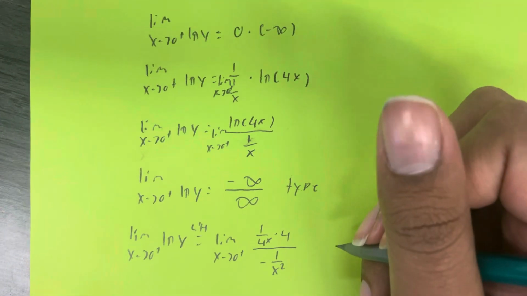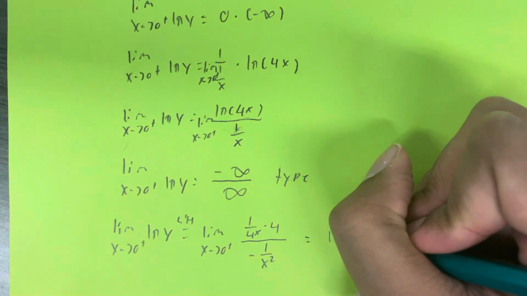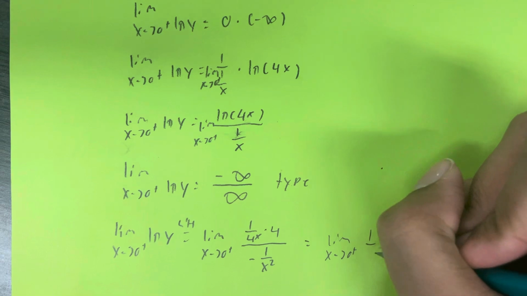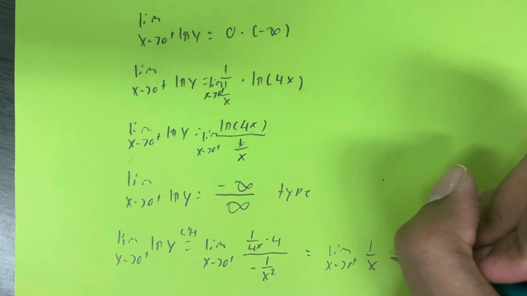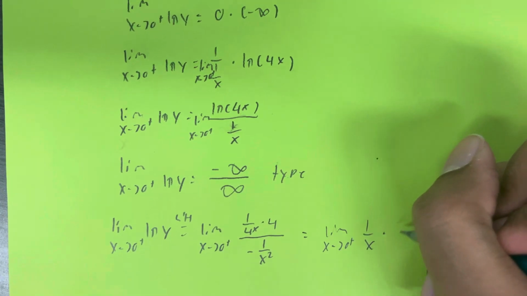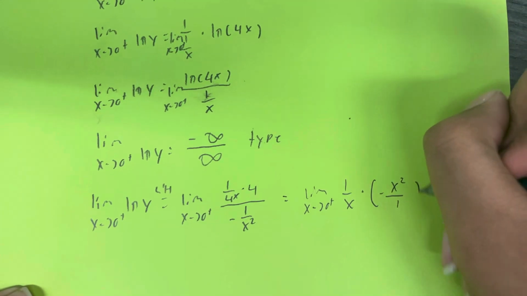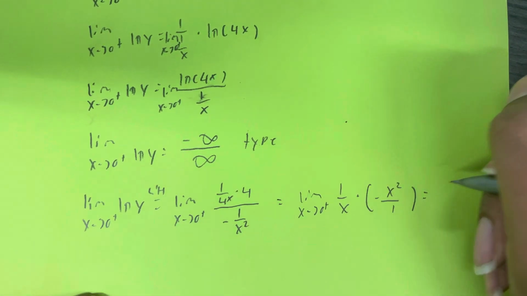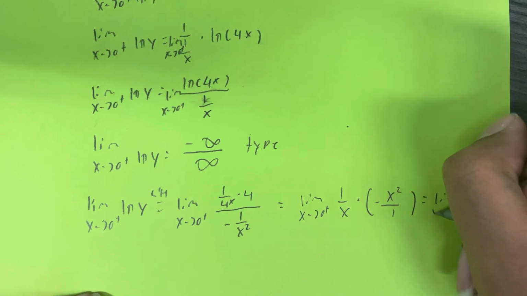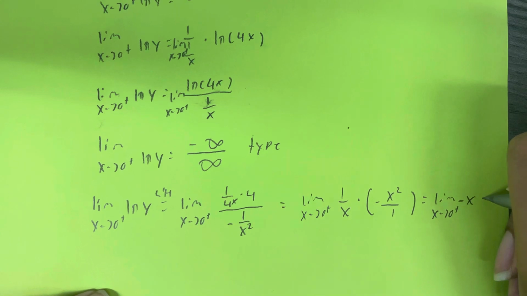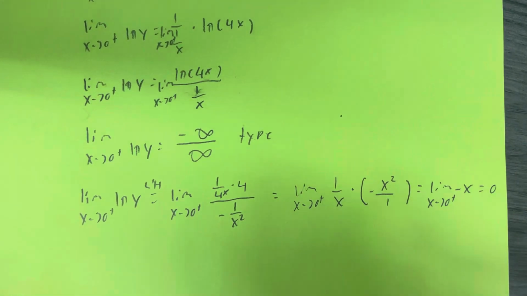And then that would just equal 1 over x times negative x squared over 1, which then gives you a limit as x approaches 0 from the right of negative x, which is just equal to 0.